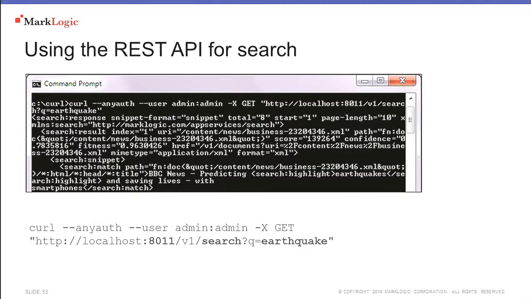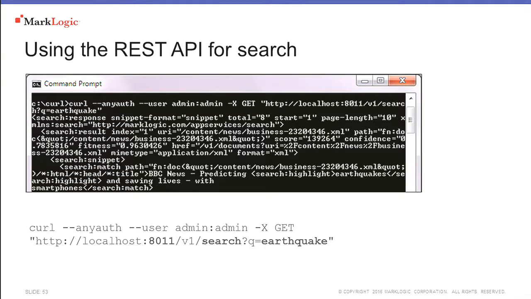And then I just wanted to also show you an example of using the RESTful API for doing search. In that case, you would put in the port to talk to your database. And then you would put /v1, it stands for version 1, the search endpoint, ?q for query, equals, and whatever it is you want to search on.